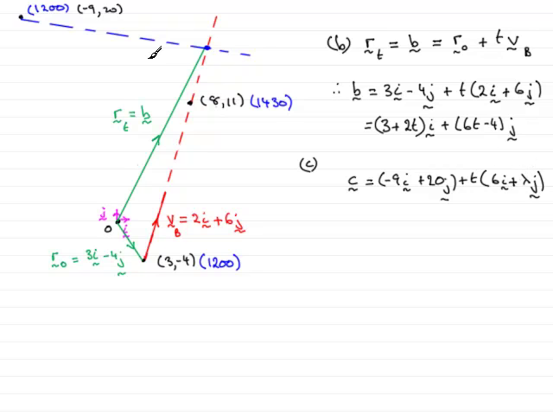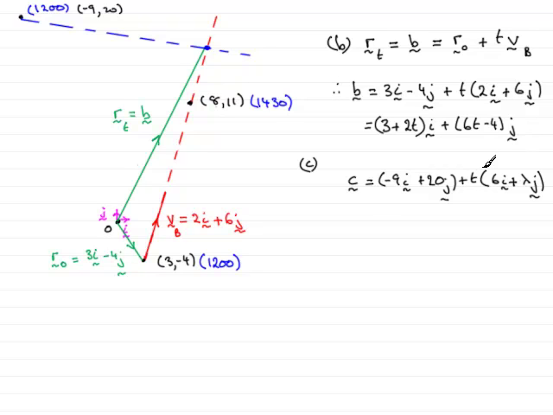Well, we know that at some time t hours afternoon, both this position vector and B are going to be pointing at this point, the point of interception. That means that their i and j components will be exactly the same.